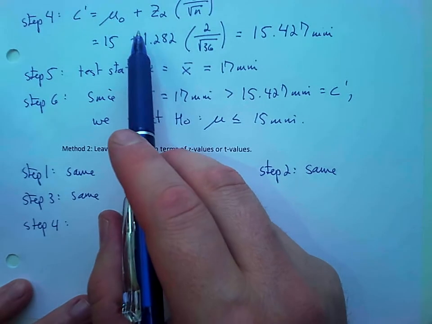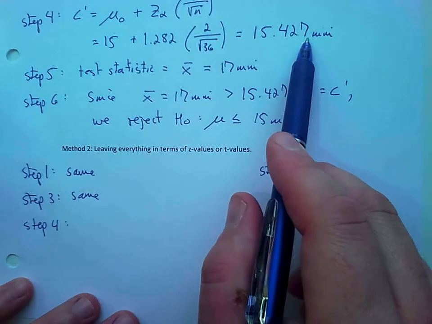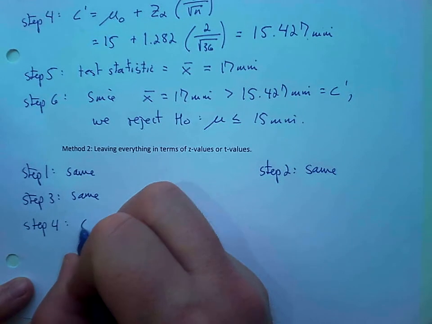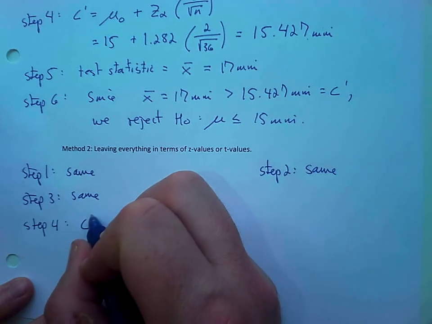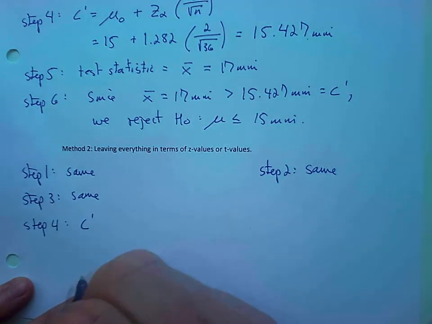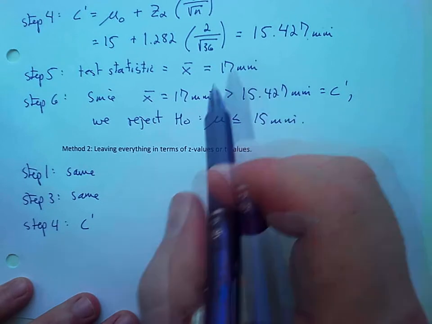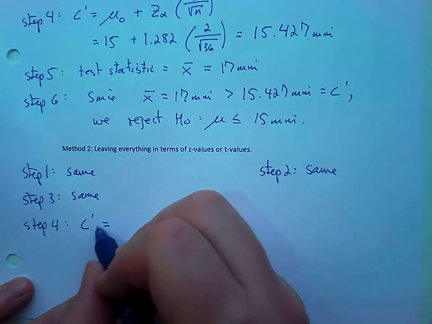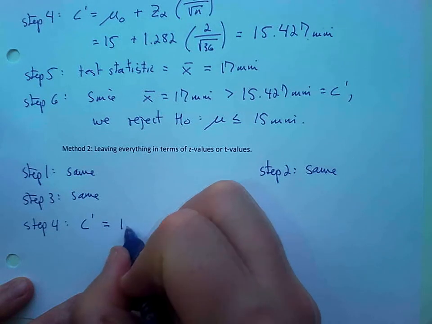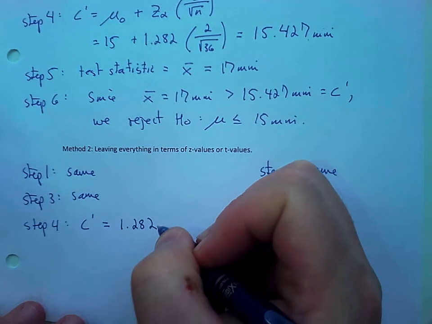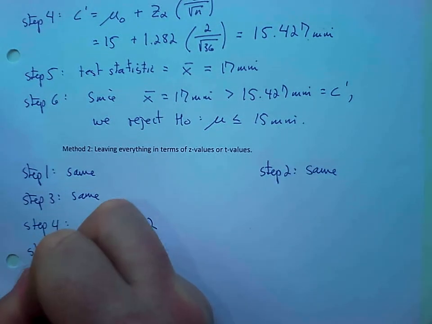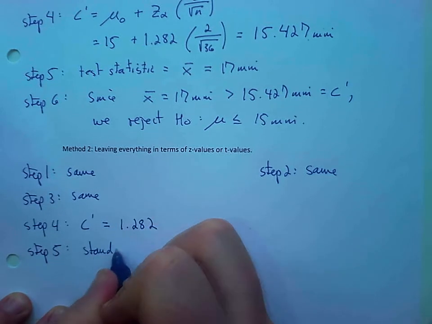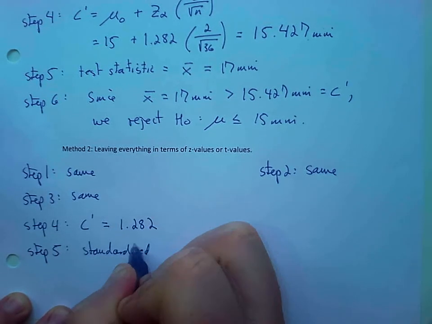Because in step 4 above in method number 1, we're converting stuff to the units of the problem, which is minutes. But in method number 2, we want to leave things in terms of z or t values, which here we're dealing with z values. So we're going to just say that our right-hand side critical value is going to be 1.282.